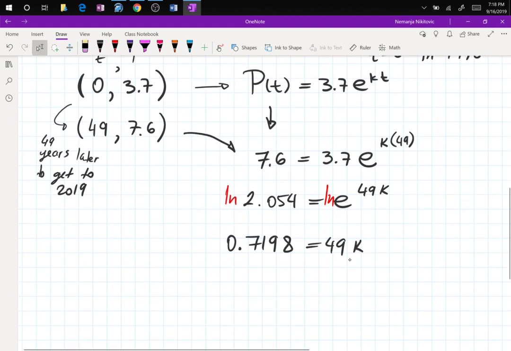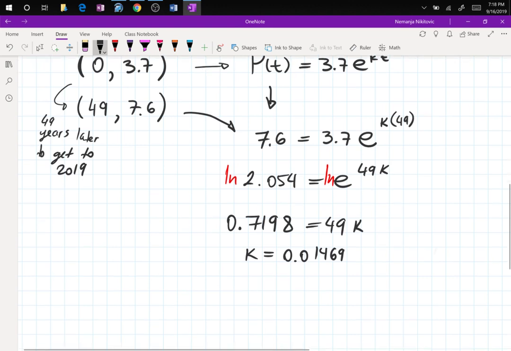Now I divide both sides by 49 to get k alone, and I get that k is equal to 0.0, and those zeros do not count. The 4 digits start now: 1469. Actually 1468, and then this one rounds up to 9. Good.